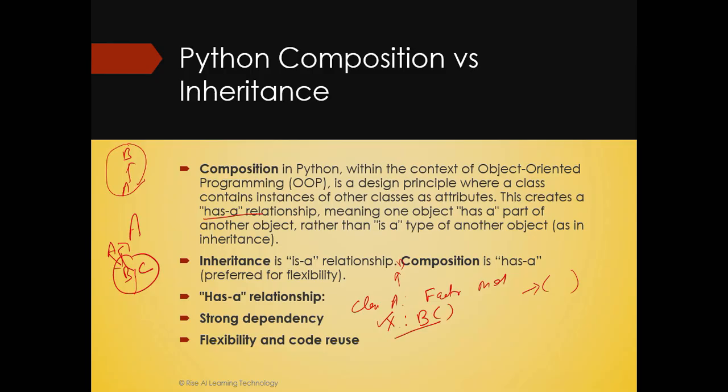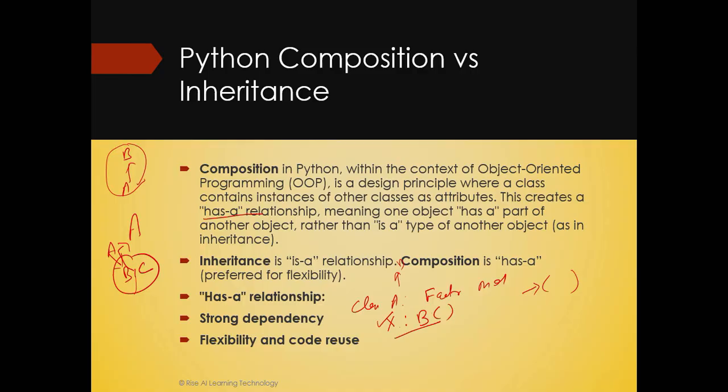Correct? Yes. So why are we relating it with inheritance? What are we trying to do from inheritance? We are trying to call the methods or attributes of the base class, or whatever class I am inheriting, right? The same thing is there. If I am creating an instance of this class inside me, then I can also use the methods and object of that.